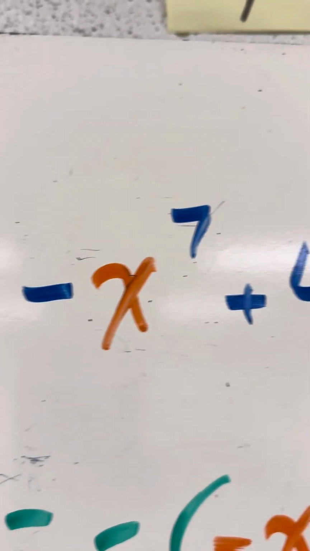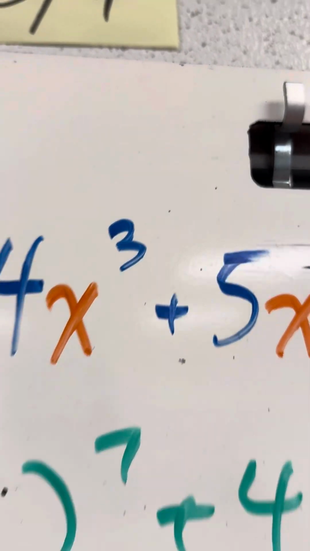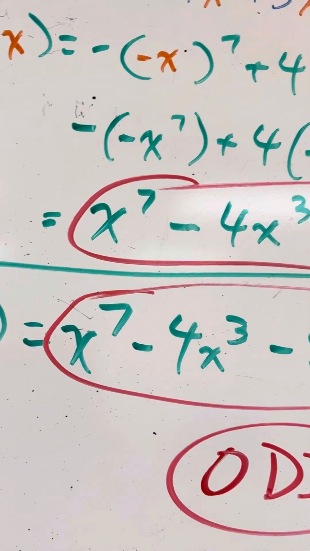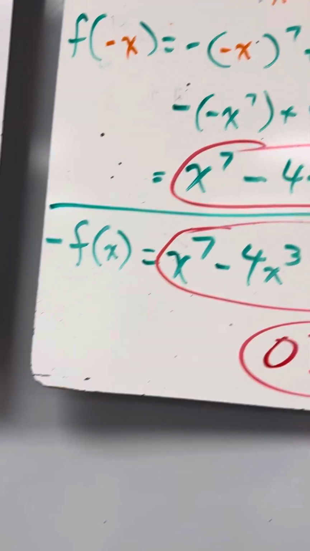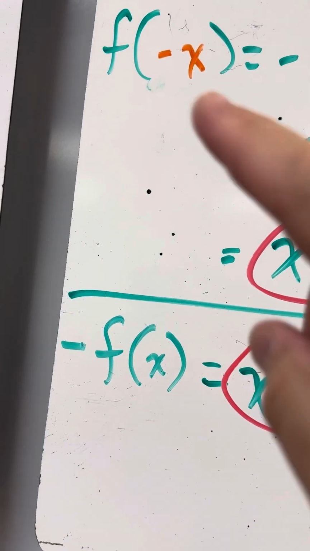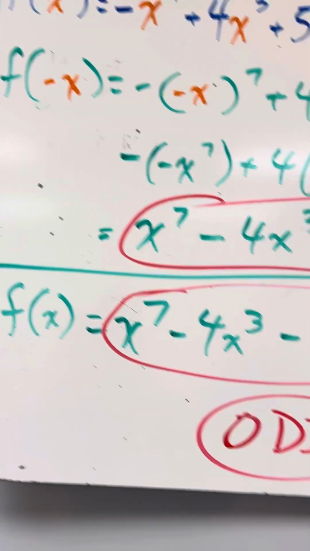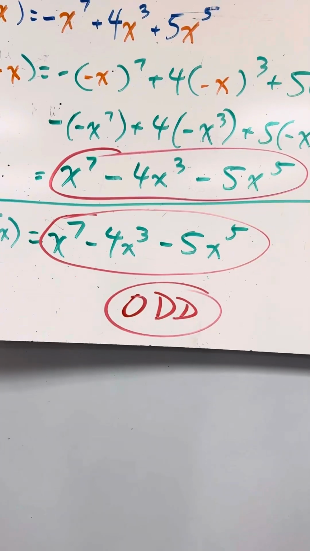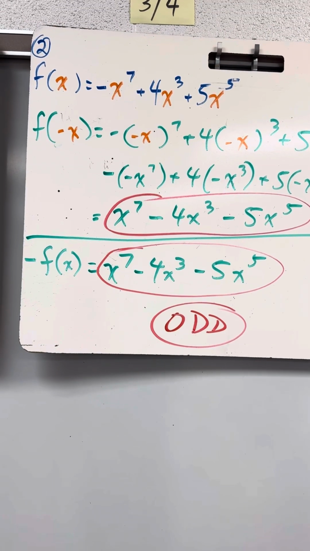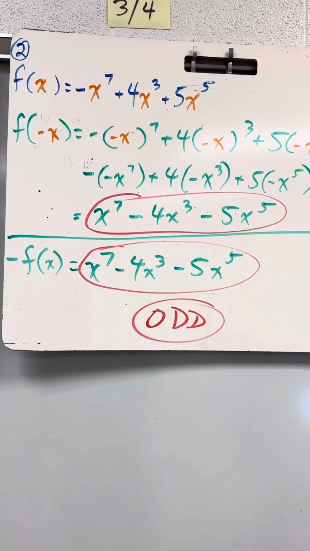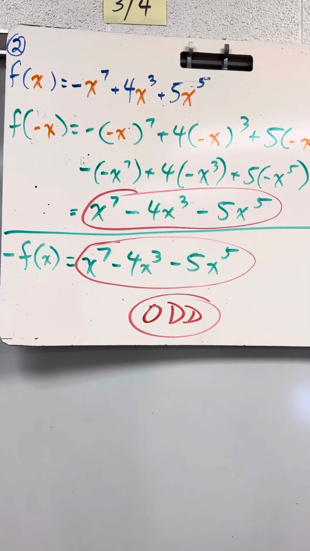Change that sign, and that sign. So when we do that, you see that f of negative x matches negative f of x. If that happens, it's odd. So when f of negative x equals negative f of x, the function is odd.